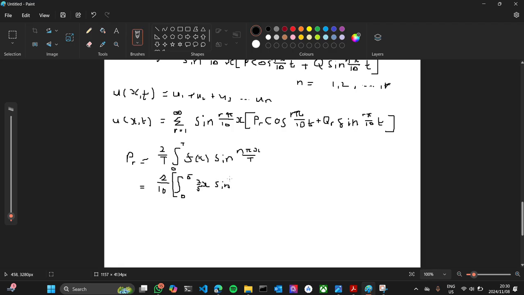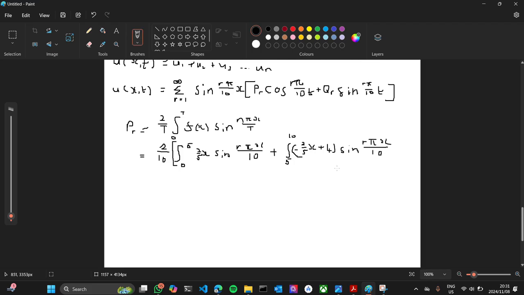So that's multiplied by sine n just becomes r pi of x over our period once more, plus now the second function that f of x becomes, so between 5 and 10, it is minus 2 over 5x plus 4, yeah, and that's going to be multiplied by sine r pi of x over 10.